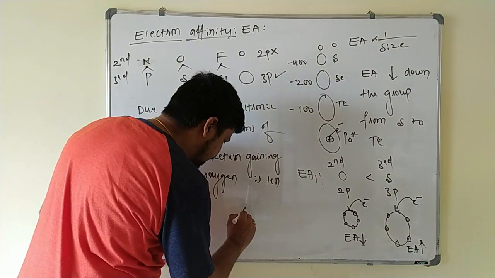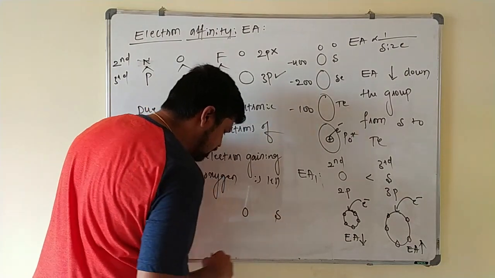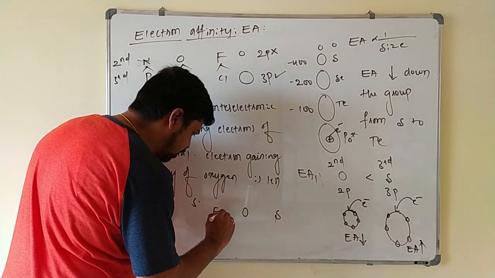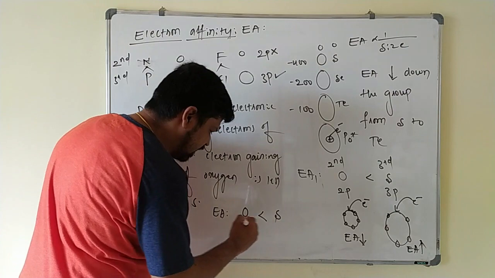For example, if I take this as oxygen and this as sulfur, and take the electron affinity value, this is less than this one.